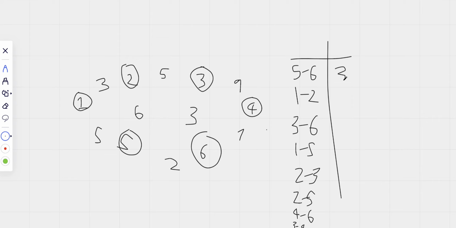Yeah, this is not very neat at all, but I hope you can still understand what I am trying to do. So these are all of the edges in the graph, sorted based on their weights.